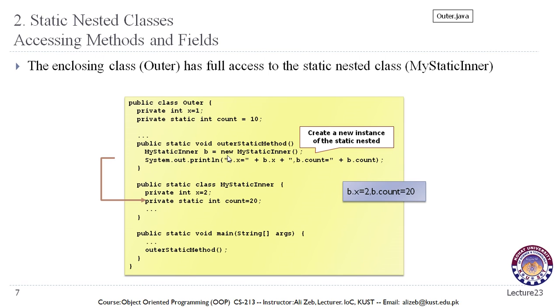As we can see, we can not only access them, we can print the output of those variables that are inside the static inner class. So the outer or enclosing class has full access to the static nested class. When this method is called, this is the output that we should get.